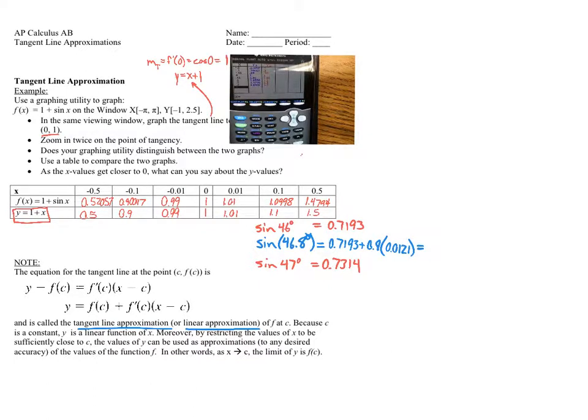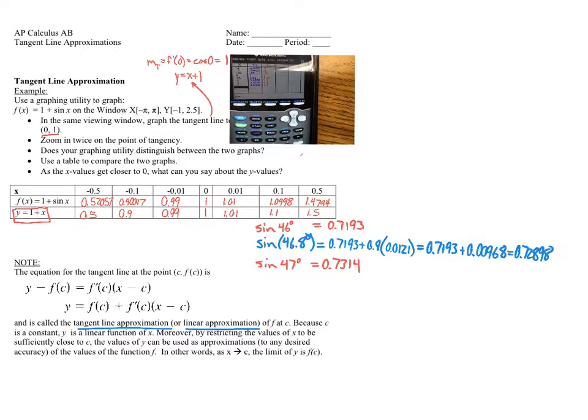So this is going to be 0.7193 plus 0.00968. I add that together, and I get 0.72898.